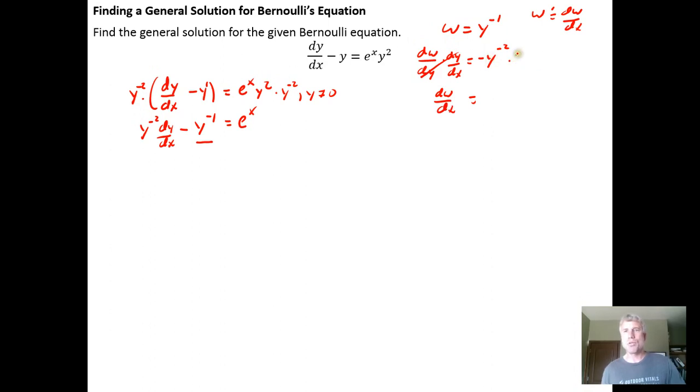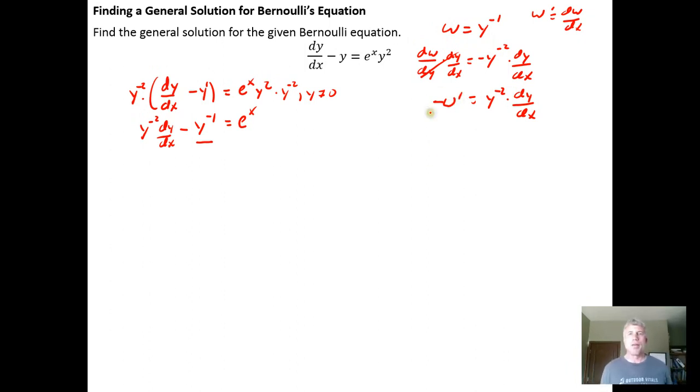Using the chain rule or implicit differentiation, we take the derivative of y to the -1st with respect to y, then we take the derivative of y with respect to x. Then I can multiply both sides by -1 to get the opposite of dw/dx equals y to the -2nd power times dy/dx. And dw/dx we can just replace with w prime.